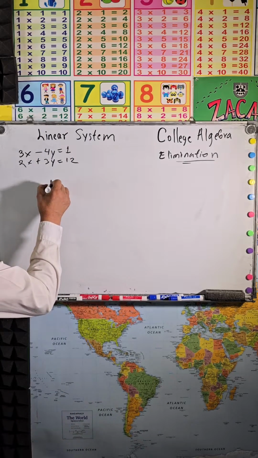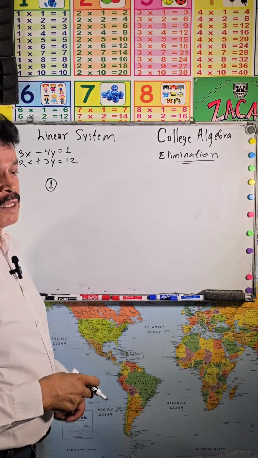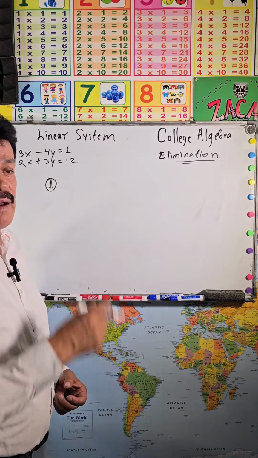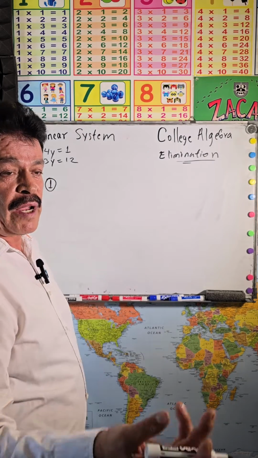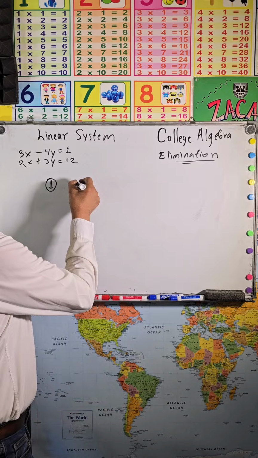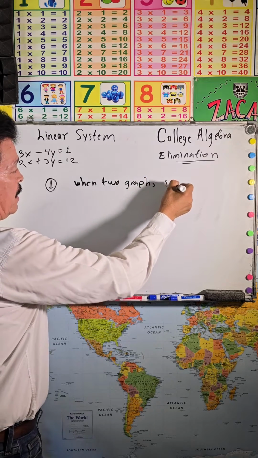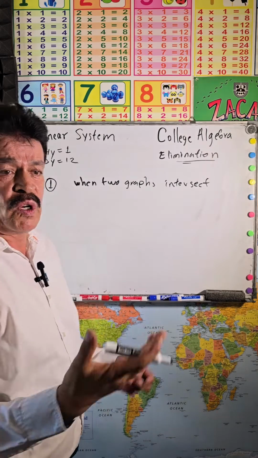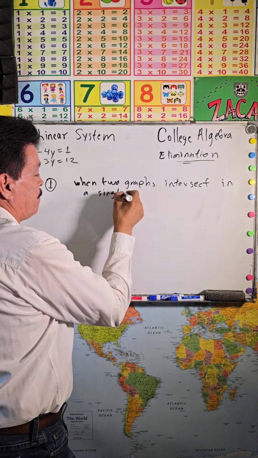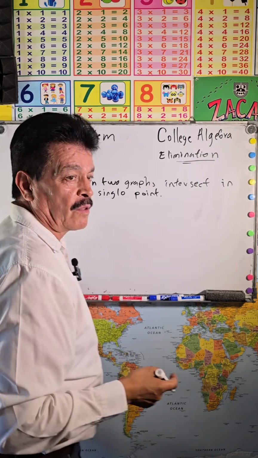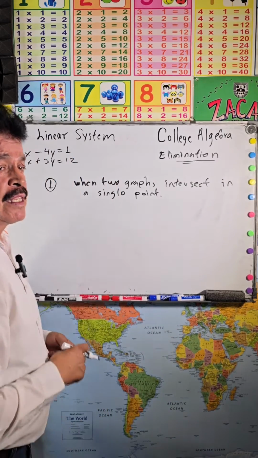The first key, when we have problems with a system of equations or inequalities: the first thing that we have to understand is when two graphs intersect in a single point, then this kind of problem has a solution. The system has a solution.